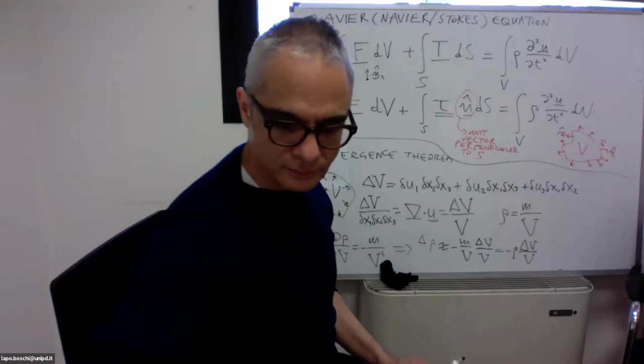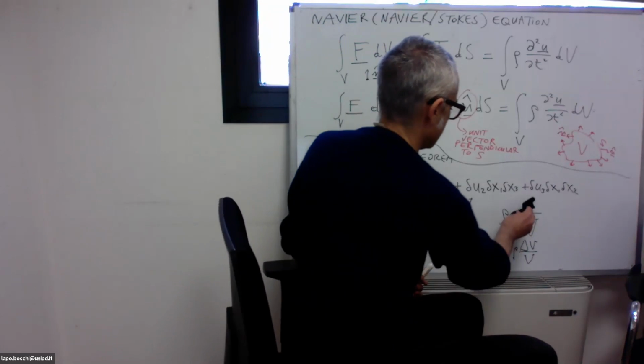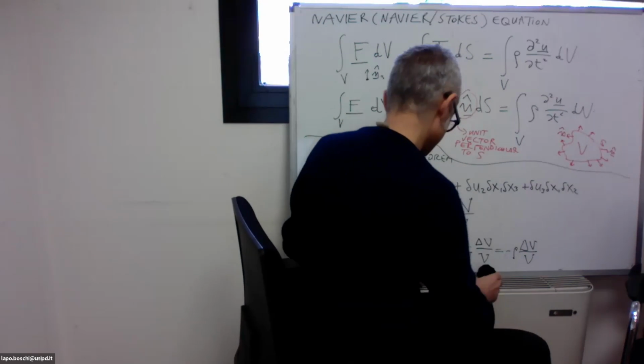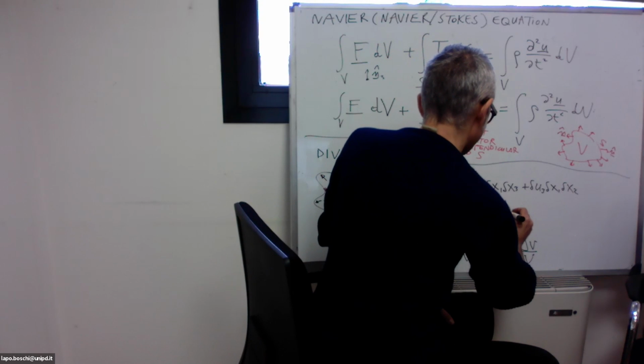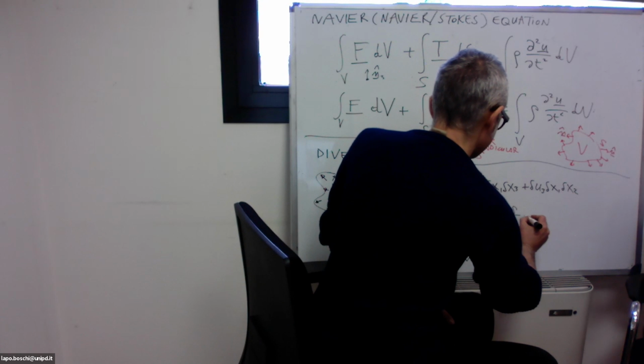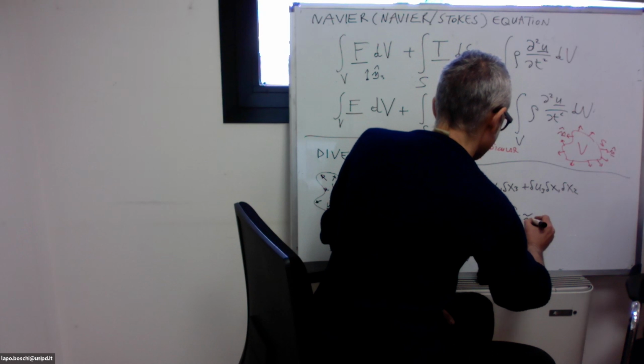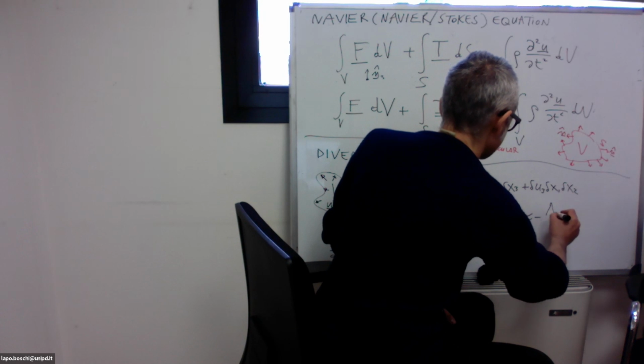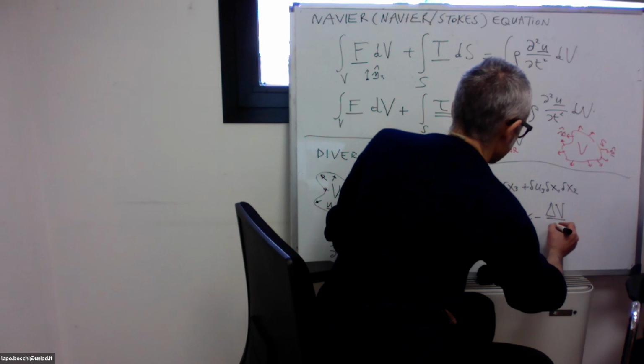So you can also write that delta rho over rho is approximately the same as minus delta v over v.